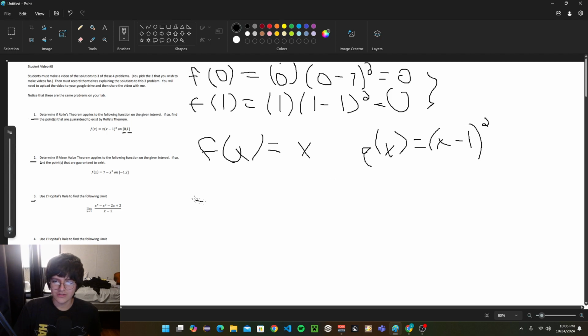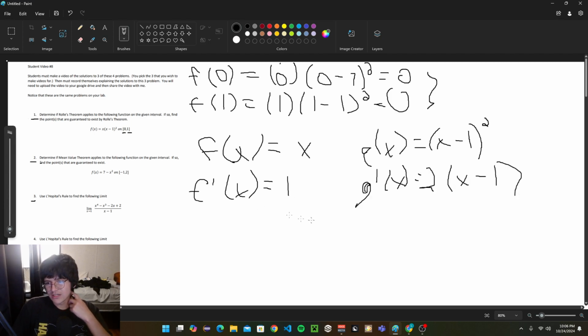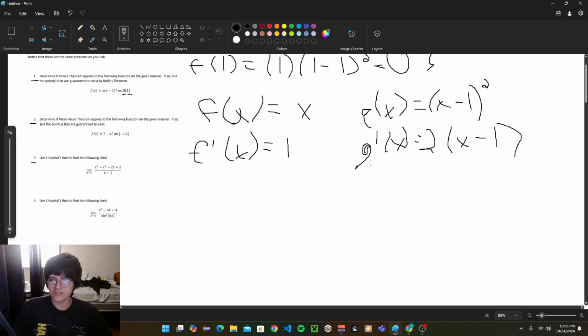So now we have to find the derivative of f of x, which is just x, so that's 1, and then the derivative of g of x, which is equal to 2 times x minus 1. So now, using the product rule, we just add the f prime times g of x plus f of x times g prime of x. So that would just be x minus 1 squared plus x times 2 times x minus 1.